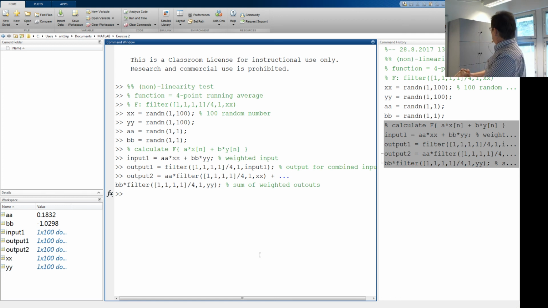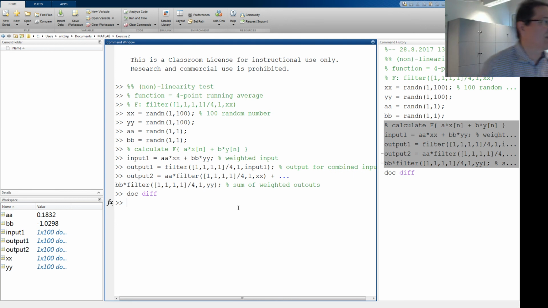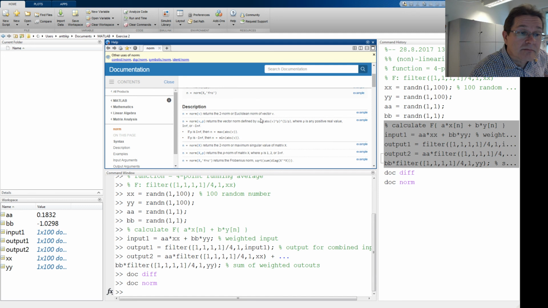All right, so we do that one. But I'm not sure about the diff. I think it is diff, but no, it's not the one. I would call it diff, but I could also use the say norm. Norm returns the 2 norm or Euclidean norm of vector v.